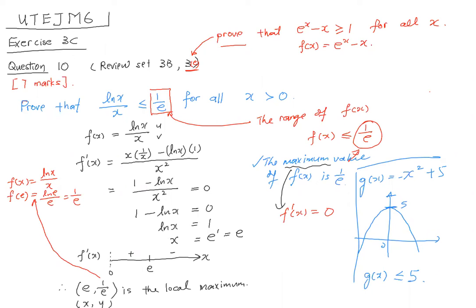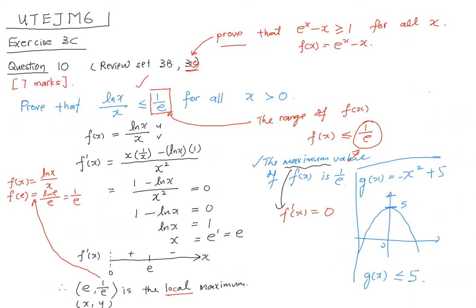You have to do more explanation. Yes, because this is a local maximum. So I have to prove it is a global maximum. Then only can I prove this. Am I right?